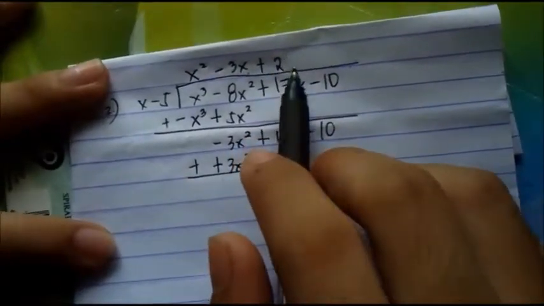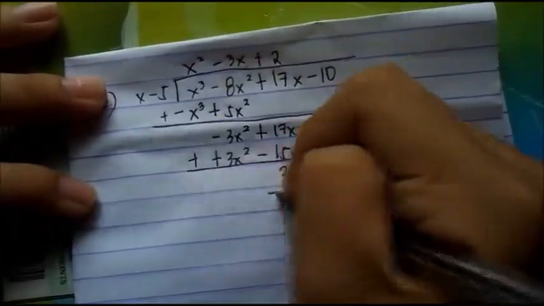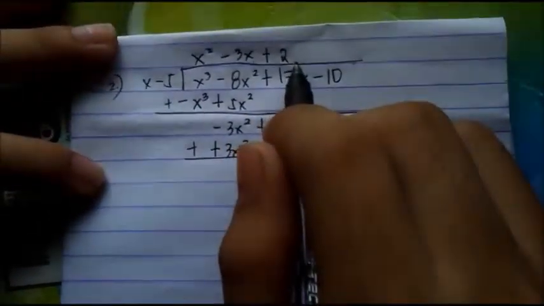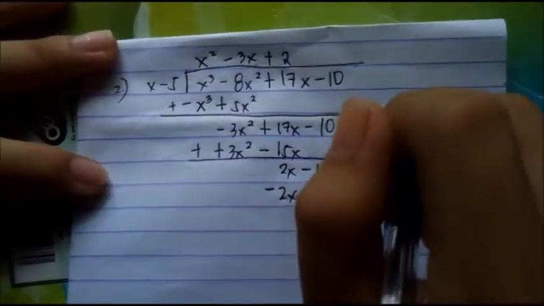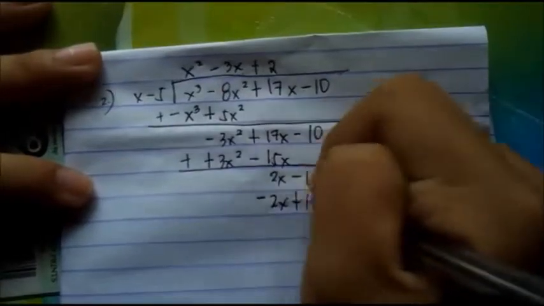Positive 2 times x equals 2x. Then, change the sign. It becomes negative 2x. Then, positive 2 times negative 5 equals negative 10. Change the sign. It becomes positive 10.